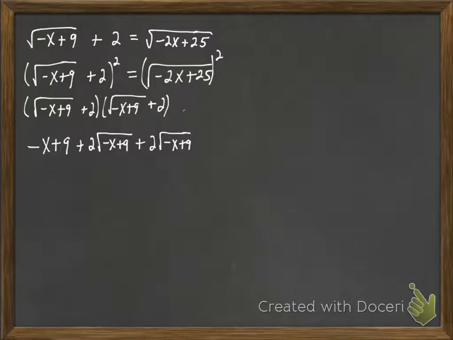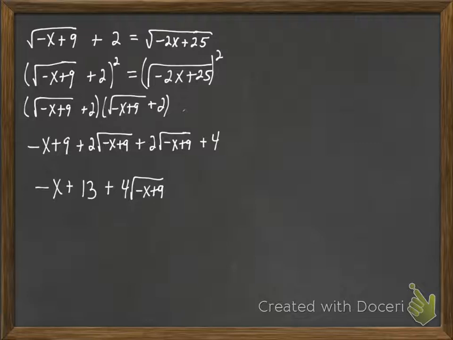And then 2 times 2 would give us 4. So cleaning all this up, we'll have negative x plus 13, right, 9 plus 4. And then the 2 of those and the 2 of those will give us 4 square roots of negative x plus 9.